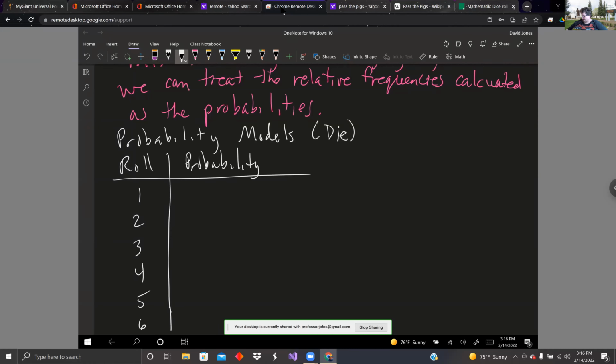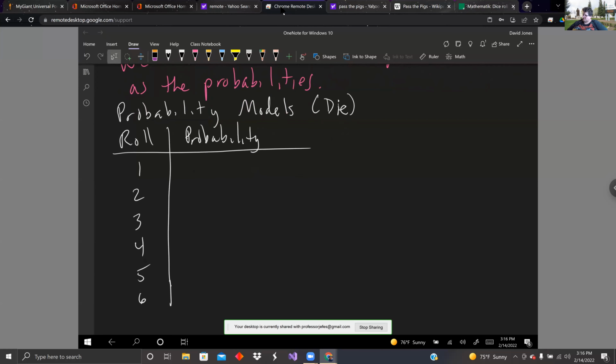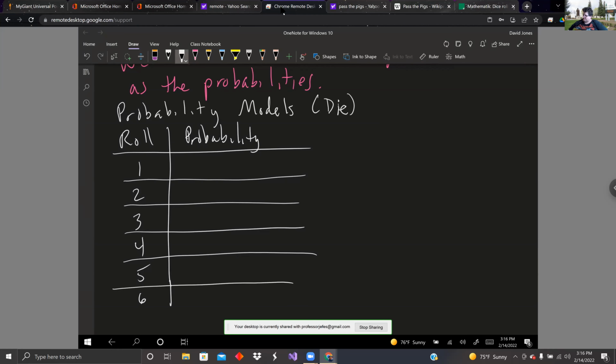In one column, they list all the possible outcomes, and in the next column, they list the probability of said outcome. And each of these is, well, I'm going to do the fraction: 1/6, 1/6, 1/6, 1/6, 1/6, 1/6. That's effectively what a probability model is.